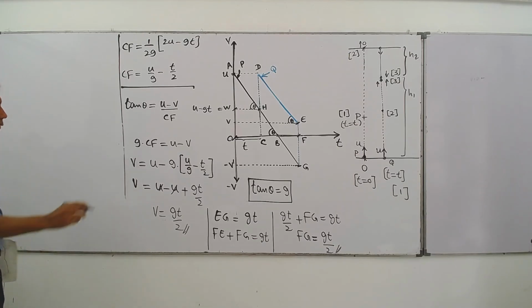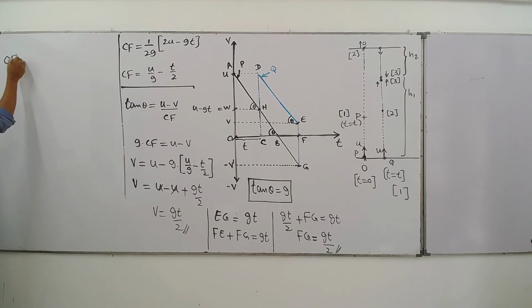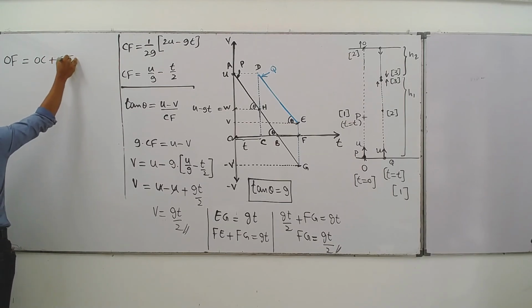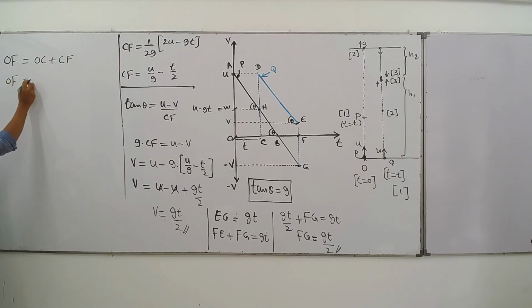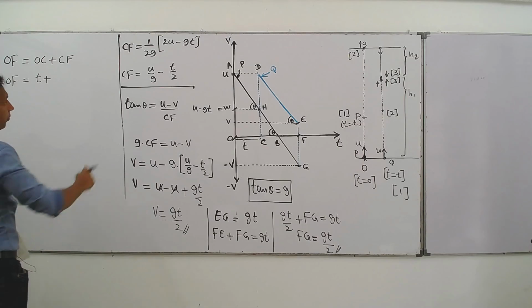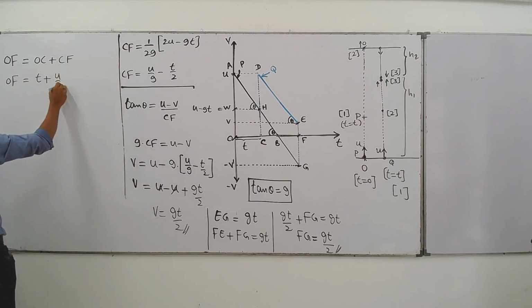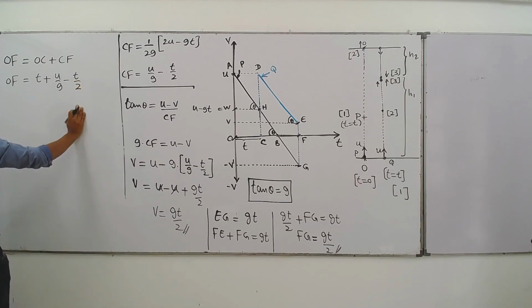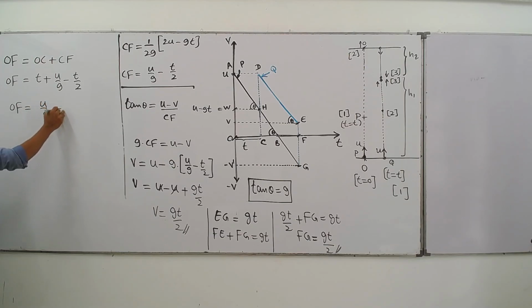We need that OF time. It's OC plus CF. OC time is T. CF time we found, right? That CF time is U by G minus T by 2. So this is really U by G minus T by 2 plus T, which is U by G plus T by 2. The third answer is this.